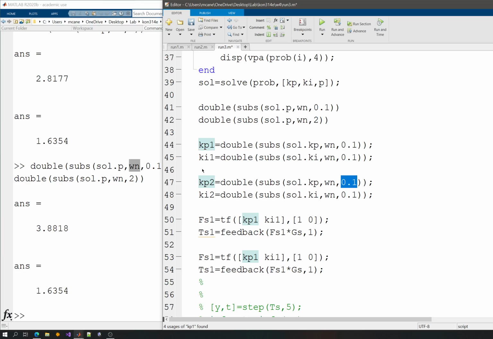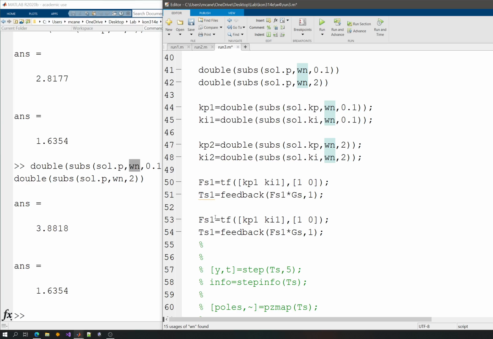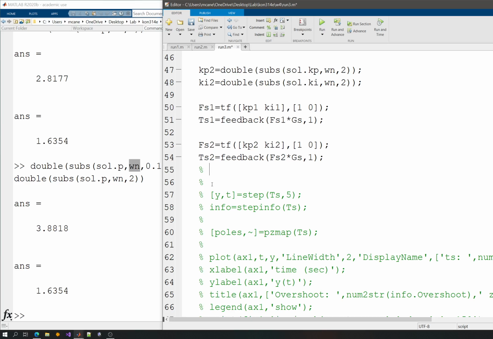Maybe, let's say, a much faster solution, and I will see what the difference will be. Now fs2 will use the second coefficients here, kp2, ki2, fs2. Now we have some stuff here.